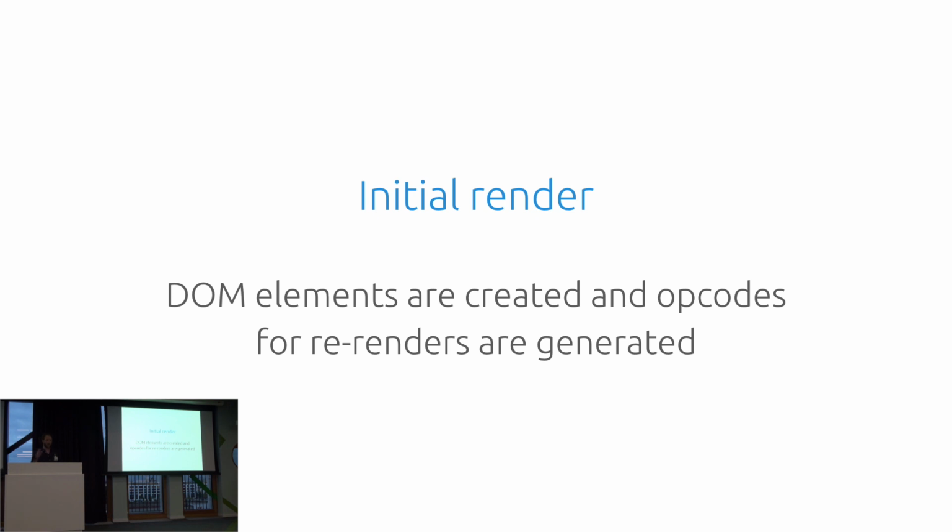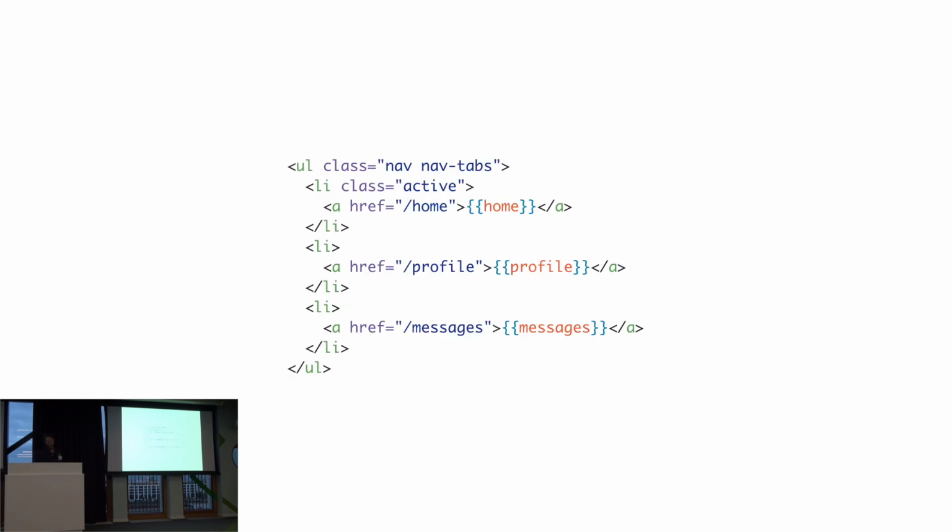And making that difference between initial render and update render is important because when you look at a template like this, obviously you have to render the full thing in initial render, but by just looking at the template, you can already identify the things that might be relevant for update renders and all the things that will never be relevant for update renders because they're static.